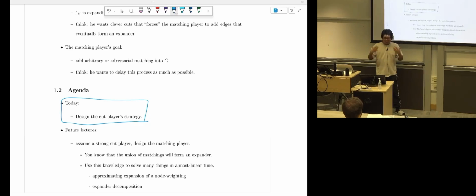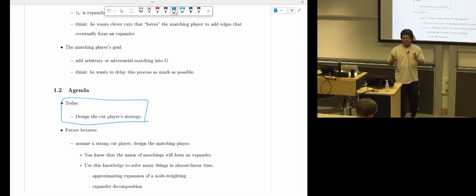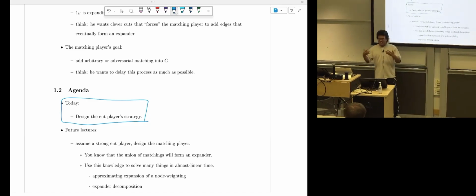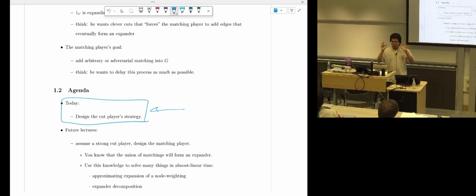That's how we get fast algorithms, fast expander decomposition and so on. You can get this by designing how the cut player and matching player interact. Okay. But forget that today. Today, just focus on the cut player, how to choose A_i, B_i nicely.